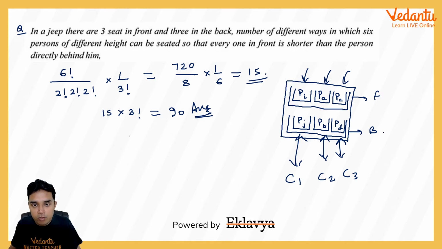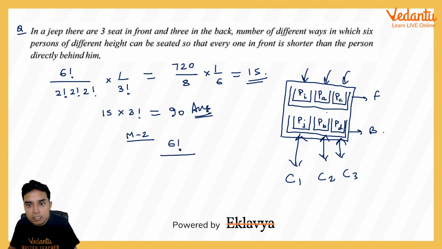Although I can give you one more way, I will not say a better way, but one different way for doing this question. Please understand how. Suppose we are arranging all the persons in these 6 seats. So it will be done in 6 factorial ways. Okay, now let us focus only on column 1.